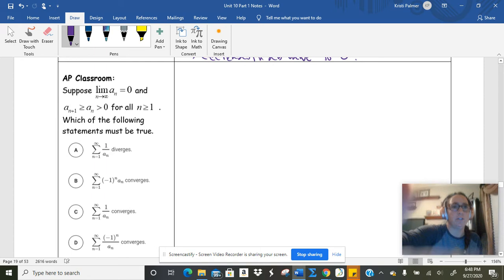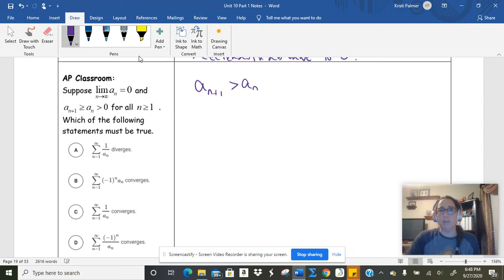Okay, so let's look at our first AP classroom question. So if the limit is 0 and this term, oh, this is challenging. Look what they did. They flipped it. They said the next term is bigger than the previous term. And then they come down here and show some things. So if the next term is bigger than the previous term, well, let's divide by a sub n plus 1.